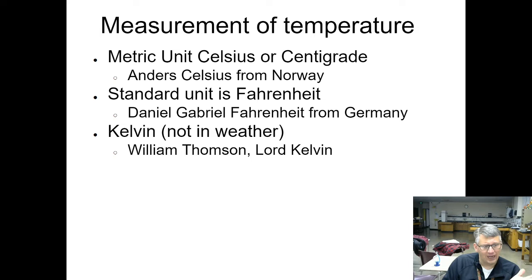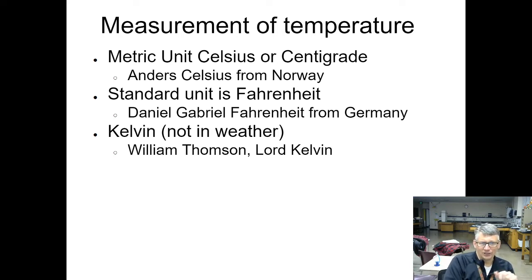So he said, you know what, this is 0 because that's as cold as I could get. And the opposite of the coldest I can get is the hottest I can get, which would be boiling. So that would be 180 degrees difference. So he saw it as being the opposite, or an opposite direction.